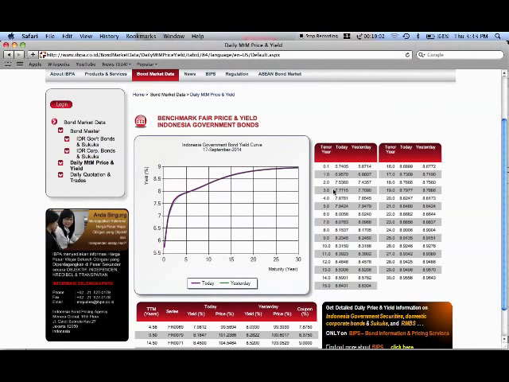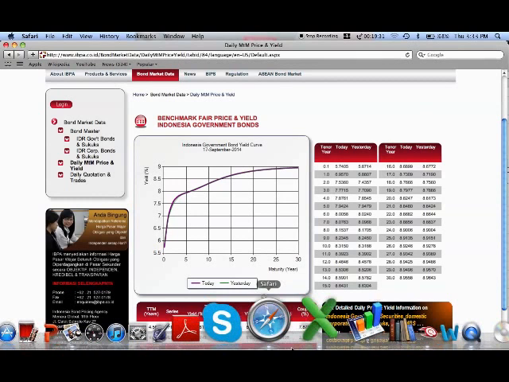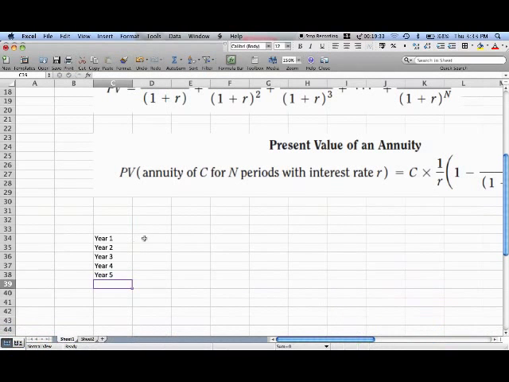The second year is 7.5360, and the third year is 7.7715, and then 7.8761, and then you have 7.9424. So it's 5 years, 7.9424. Okay, I will put that into the Excel.